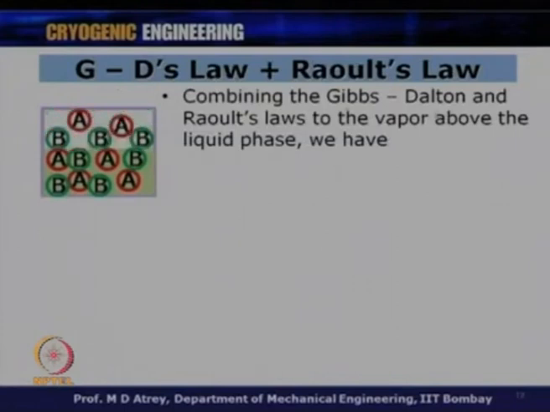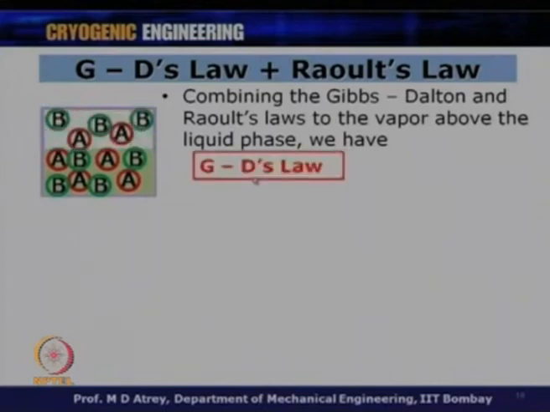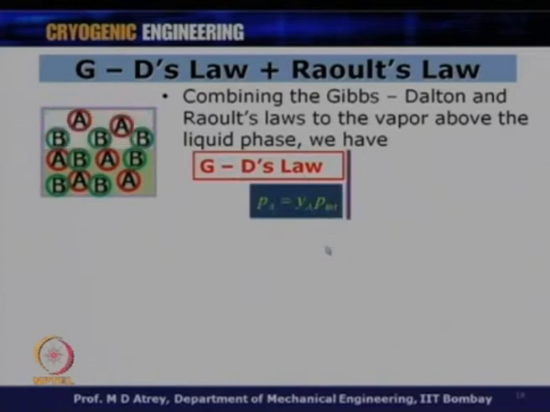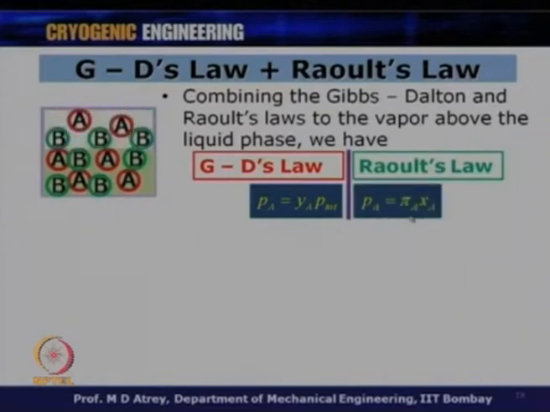Now, if I combine Gibbs-Dalton's law and Raoult's law together for the vapor above the liquid phase, I get the following. If I go by Gibbs-Dalton's law, I get P A is equal to Y A into P total, and Raoult's law tells me that P A is equal to pi A x A. So, here I am applying the law for the vapor, and here I am applying the law for the liquid component.